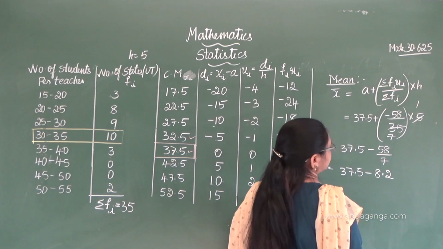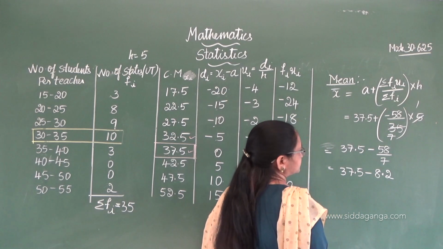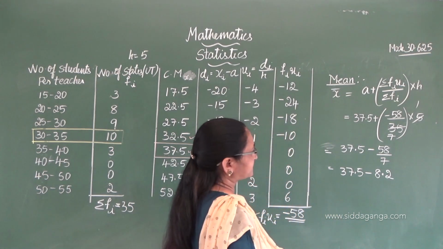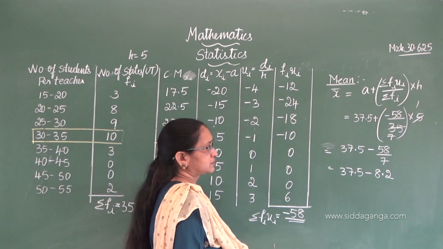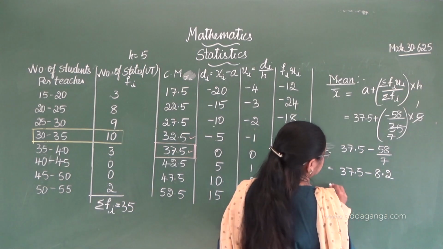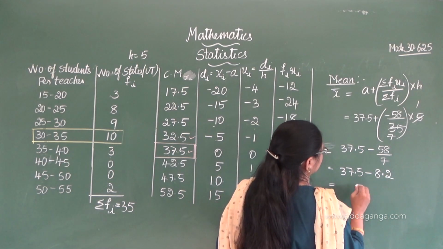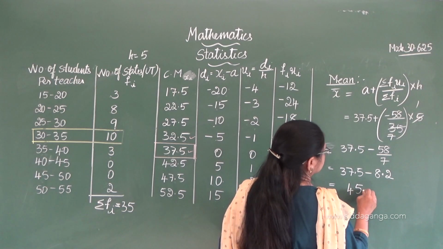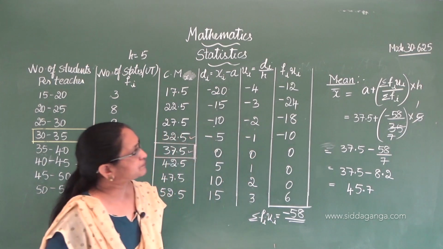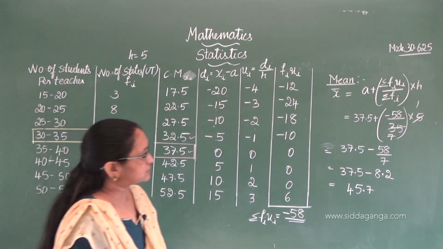So I think we can stop here. 8.2, you can write 8.2, correct? 7 eights are 56, 2, okay, 8.2 something. So you can write 37.5 minus 8.3, approximately.